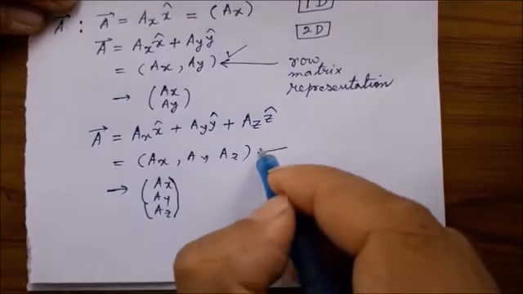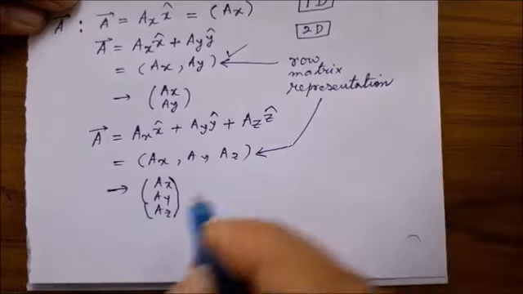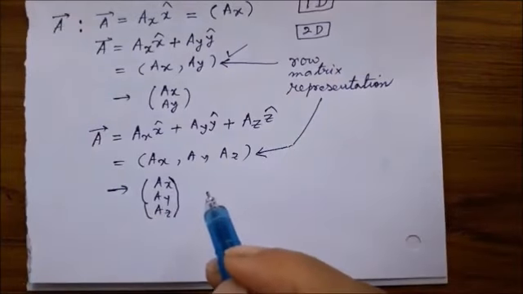So this is the row matrix representation and this is the column matrix representation.